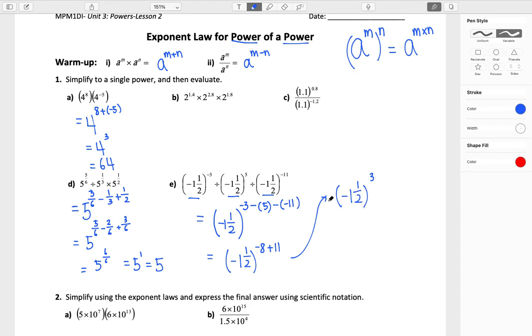And just punch it in your calculator. So what you're doing is you're doing this times itself 3 times. So you will get -27 over 8, or you could put it in a mixed fraction, -3 3 over 8. So try to use a calculator when you're doing this.